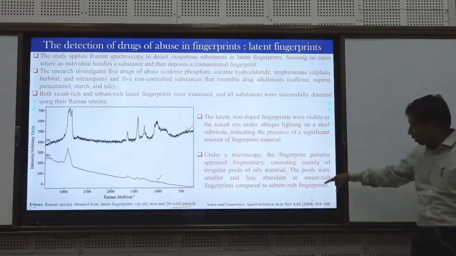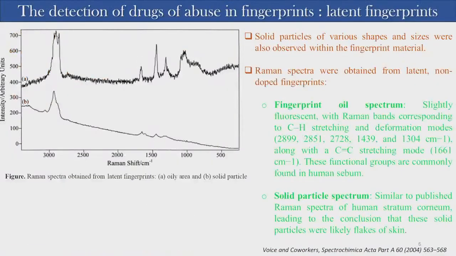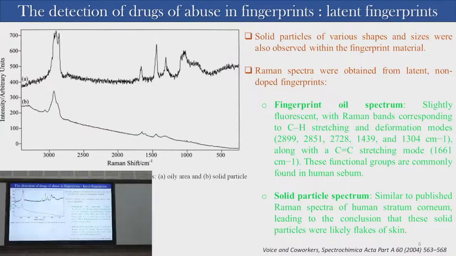So there are some points which say that it is better. Now in this one, they want to highlight some peaks like CH stretching and deformation mode, which appear at 2899, 2800.